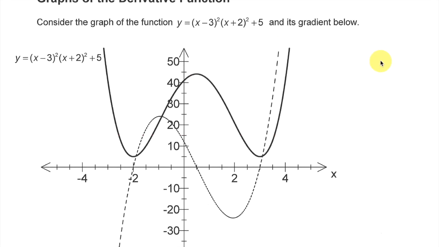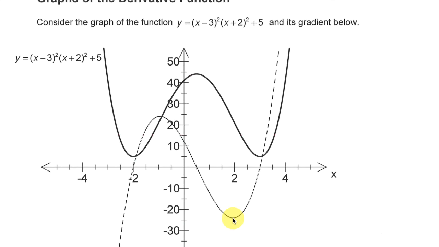Another key thing to point out is the turning points for the derivative. So let's look at this derivative here, and we have a minimum turning point. This is the lowest that the slope will reach for this section of the graph.